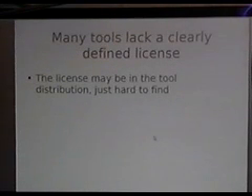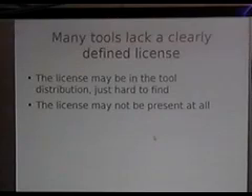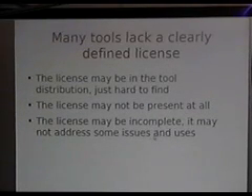You're supposed to include the full GPL rather than just saying it's under the GPL. And sometimes the tool is just not present at all. This is also a big problem if you can't figure out who the author was, if maybe you've got an email address that doesn't work anymore. Then it's like, who knows?